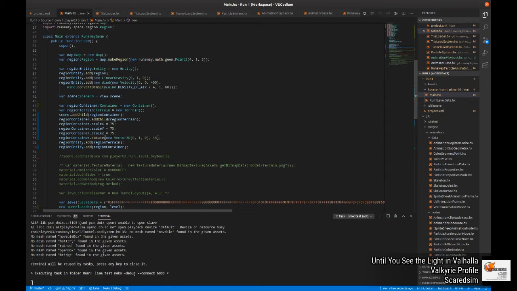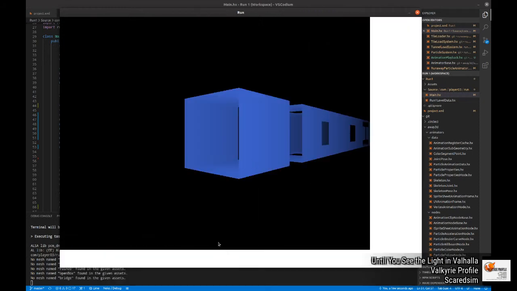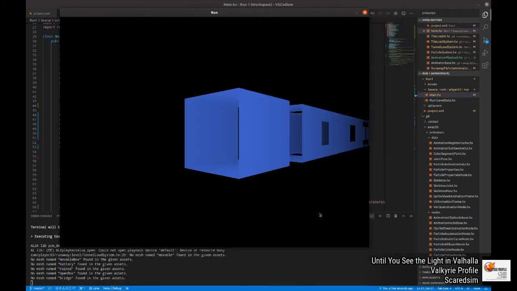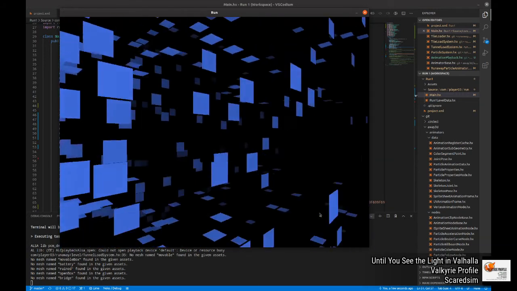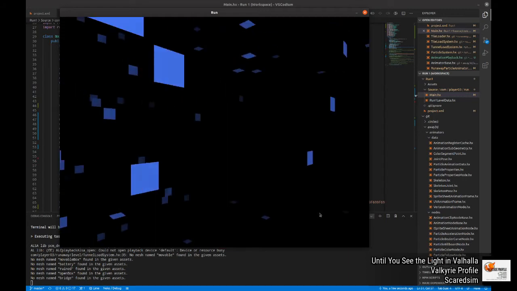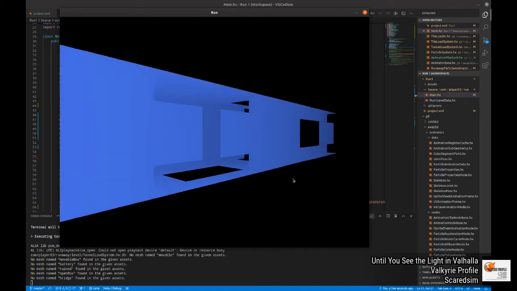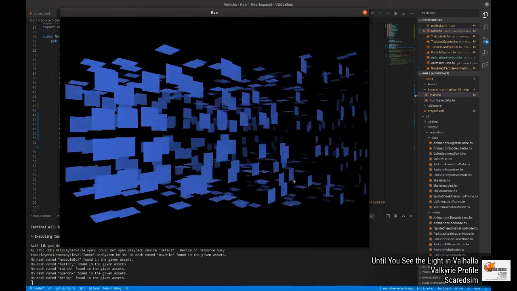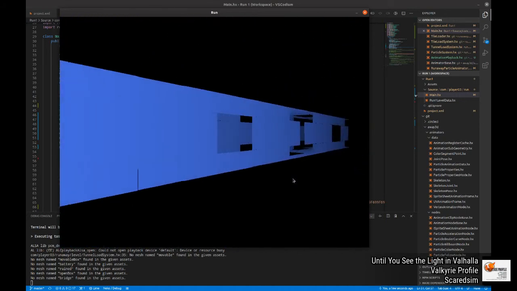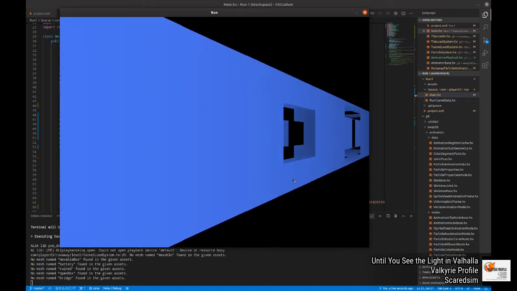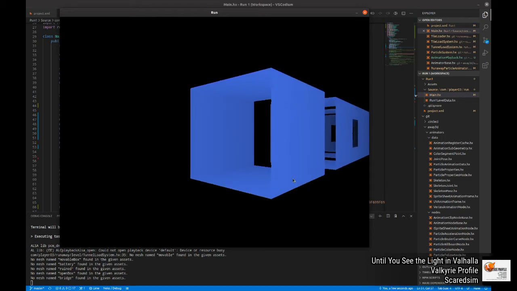See that at an angle, because we can. And it's efficient to render, too.